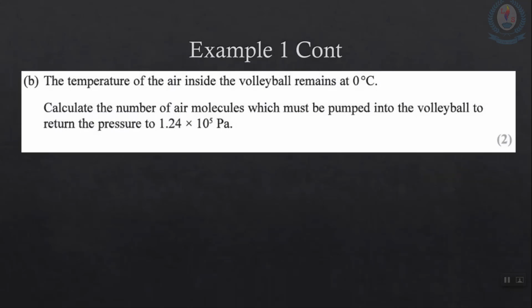Now the second part of this example says that the temperature of the air inside the volleyball remains constant, and they ask us to calculate the number of air molecules. Then what equation comes to your mind? PV equals NkT.